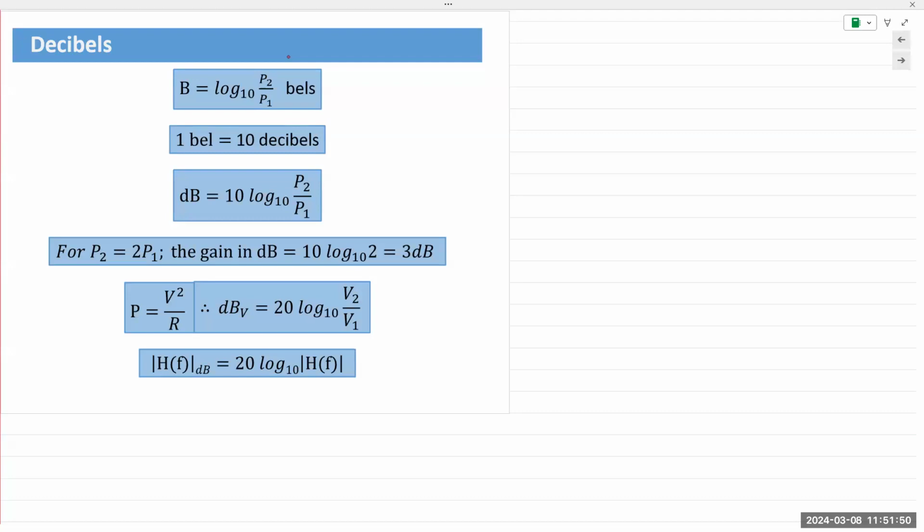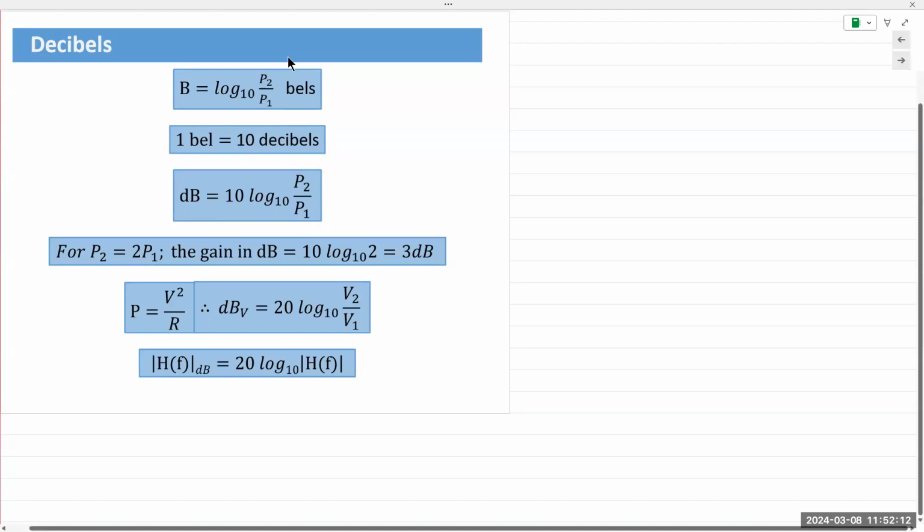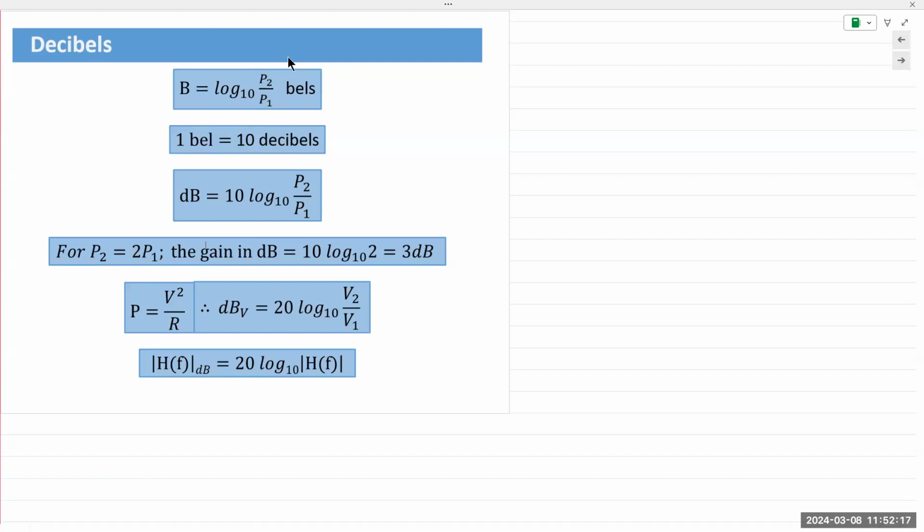So one bell became 10 decibels, or it's more commonly known now as dB. So 1 dB is 10 times log of the ratio of the two powers, P2 over P1. And it's more commonly pronounced as decibel. So 1 decibel is 10 times log of P2 over P1, short form dB.